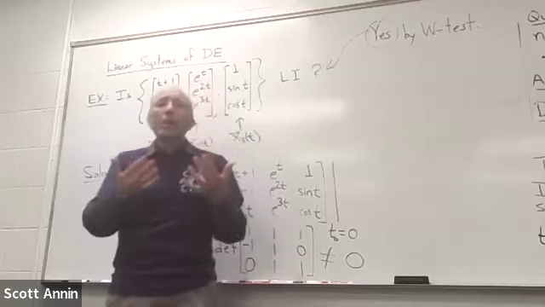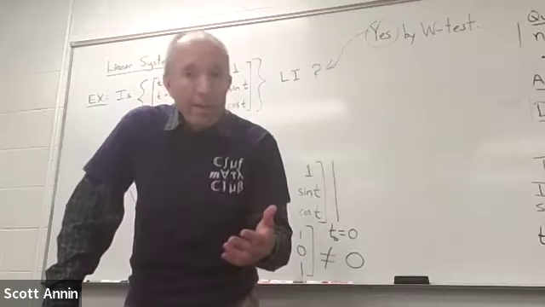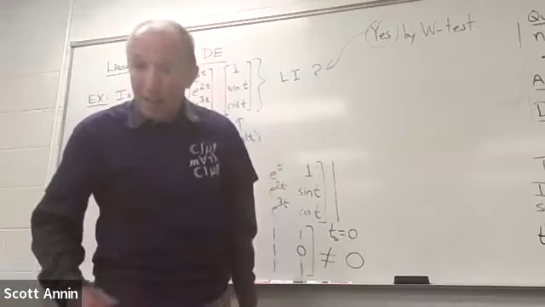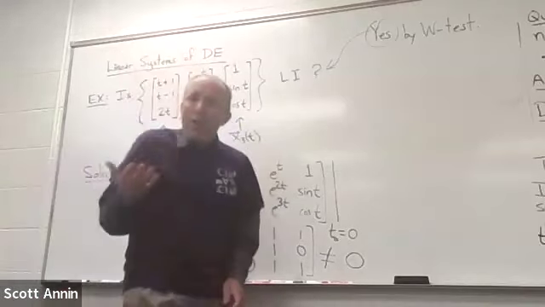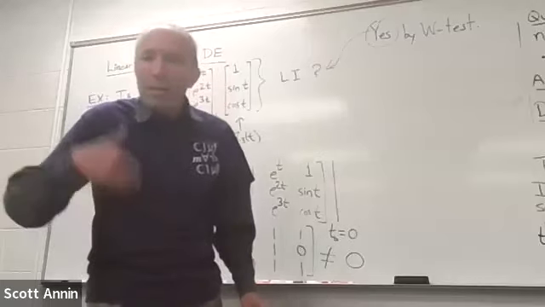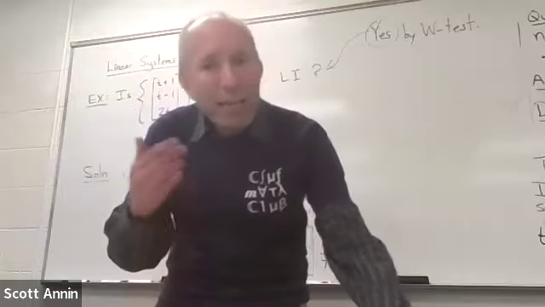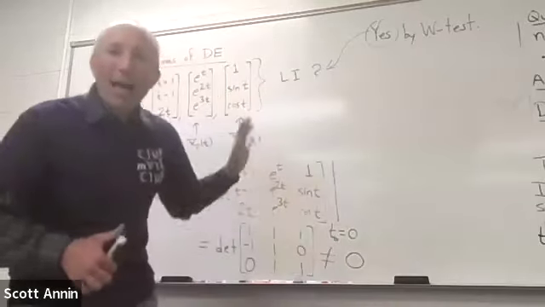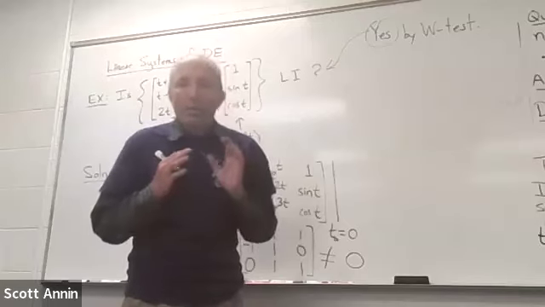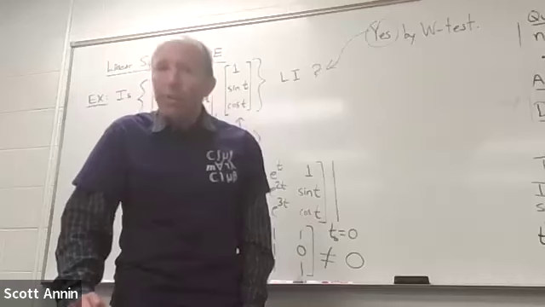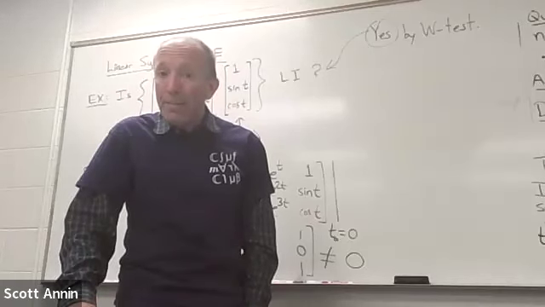But if you got zero again for a second time, then you start to get suspicious. I wonder if these vectors are going to be LI or not, right? You could maybe try a third value, and maybe even a fourth value. But if you try enough values of t and you keep getting zero on every single one of those values, then you really have to start to ask yourself, I wonder if these vectors are actually LD.